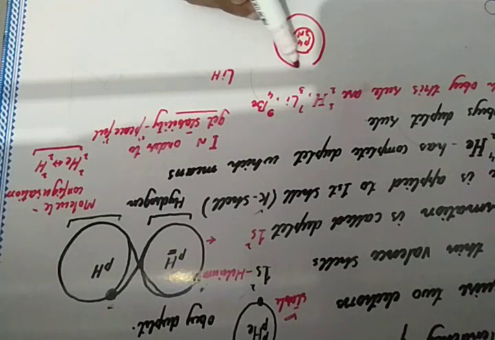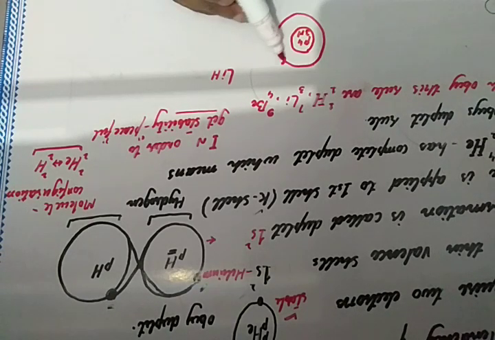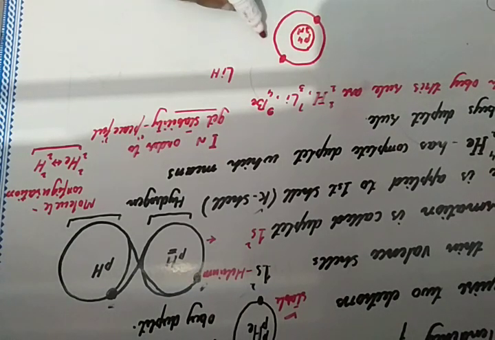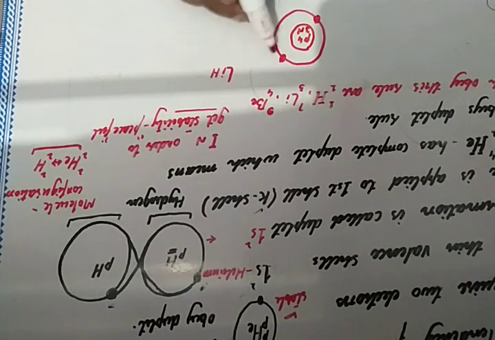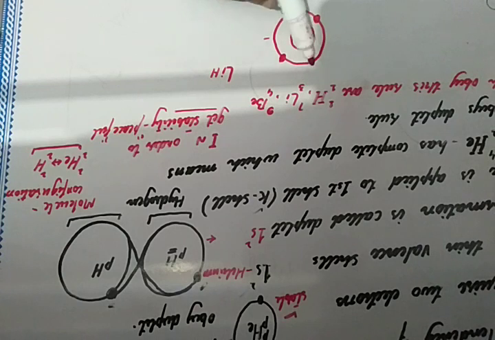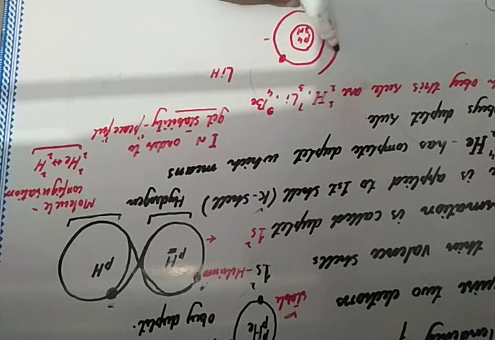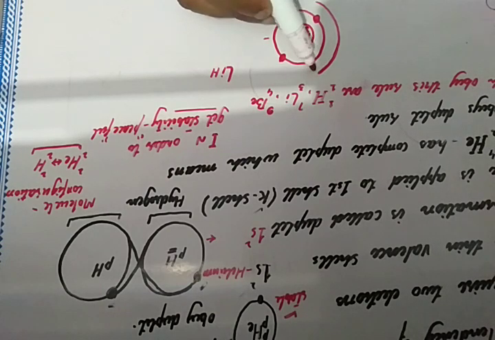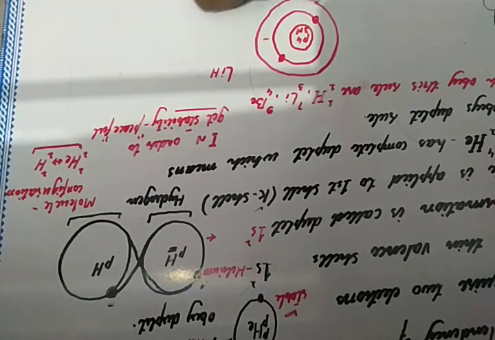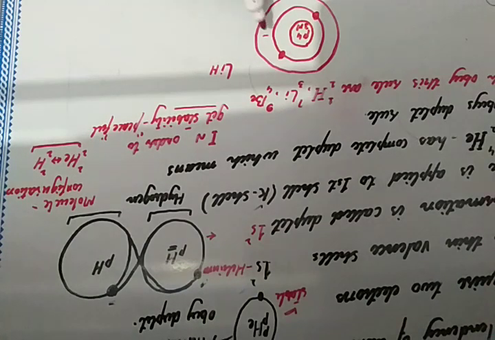The lithium atom's K shell has 2 electrons, as the maximum electrons in the K shell is 2, and as you can see, lithium has 3 electrons. So its outermost shell, after K, is the L shell. This is the L shell of the lithium atom, and it is the outermost valence shell.